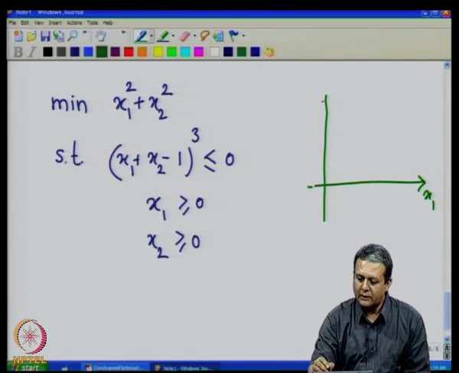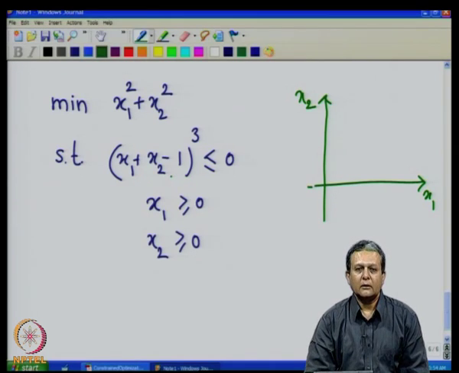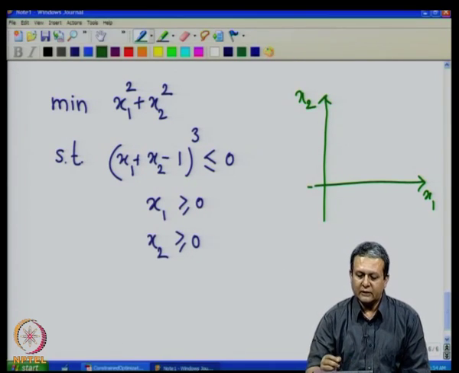we have x1 and x2 along the axes, and this constraint does mean that x1 plus x2 minus 1 has to be less than or equal to 0, so that its cube is also less than or equal to 0.